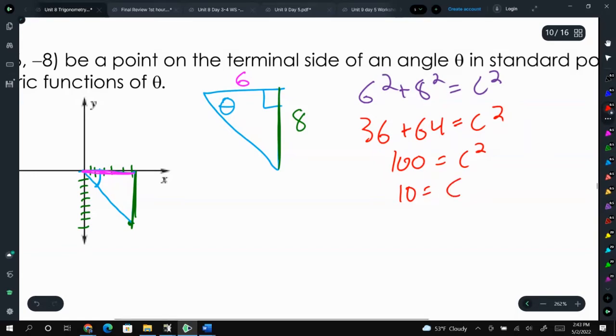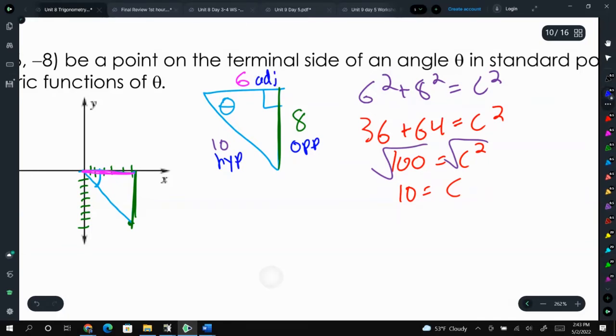So 6 squared is 36, 8 squared is 64, 36 plus 64 is 100, and when you square root both sides, you're going to get that c is 10. Okay, so there's theta, which means this is the opposite, hypotenuse, and adjacent.